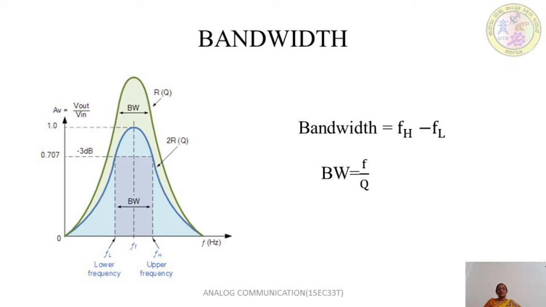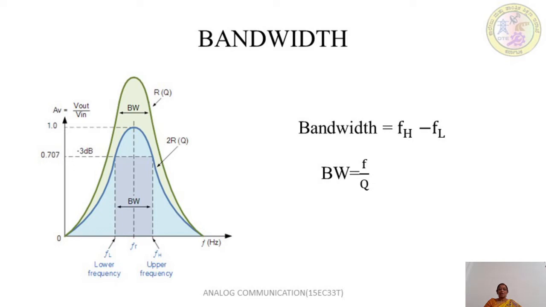The bandwidth of a resonant frequency is defined as the difference between two frequencies where the current is down to 0.707 of its maximum value, that we call half power points.